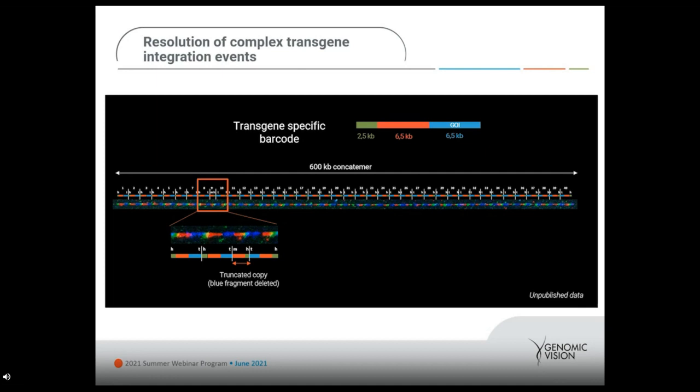And as you can see in the enlargement of the signal, the blue fragment that is encoding the gene of interest is deleted. From copy number 10 to copy number 40, there is a change in orientation, and all the copies are oriented in a tail-to-head orientation.